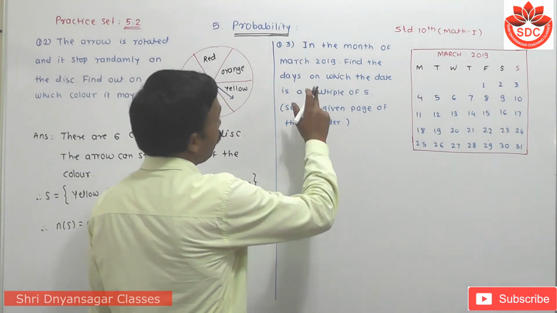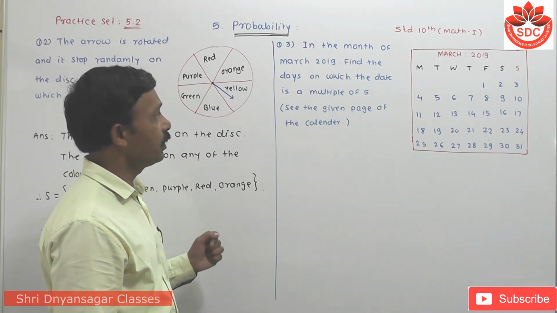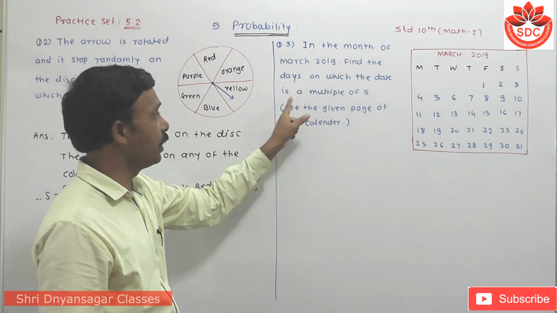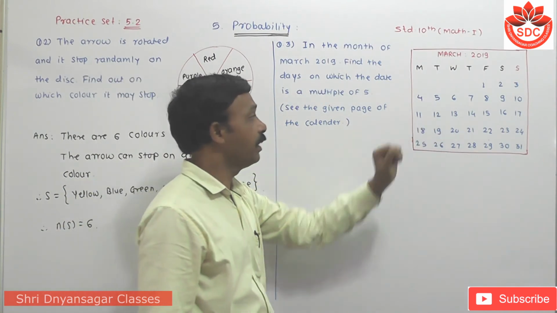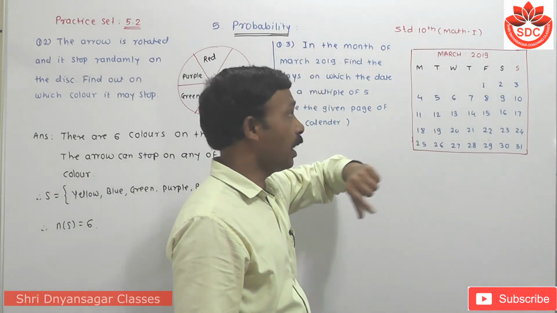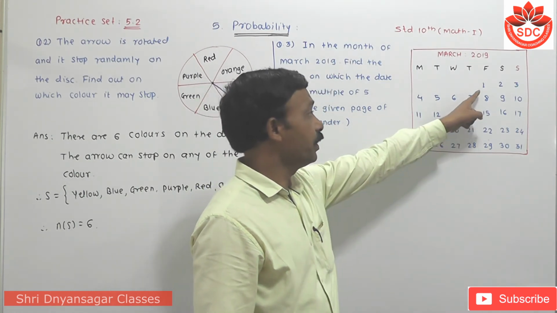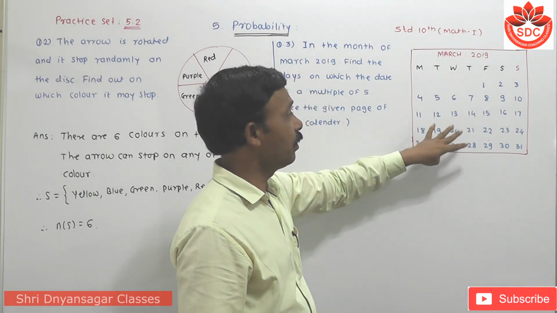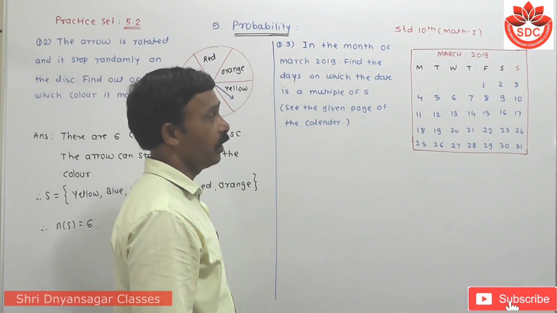Then look at question number 3. In the month of March 2019, find the days on which the date is a multiple of 5. See the page of the calendar. March 2019 has 31 days, and the first date is on Friday. All the dates are given for the corresponding days.